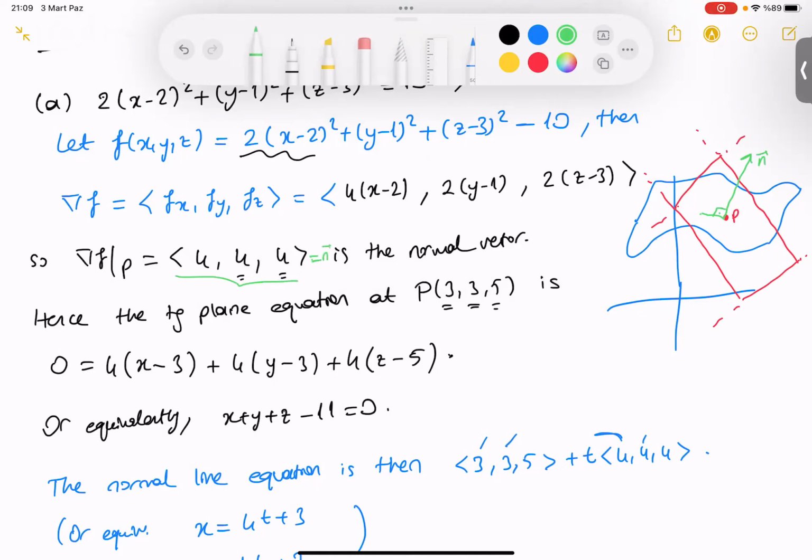And then we find the line passing through that vector. So the line again is orthogonal to the plane, the red one. Okay, we found the equation of this black line here, right?